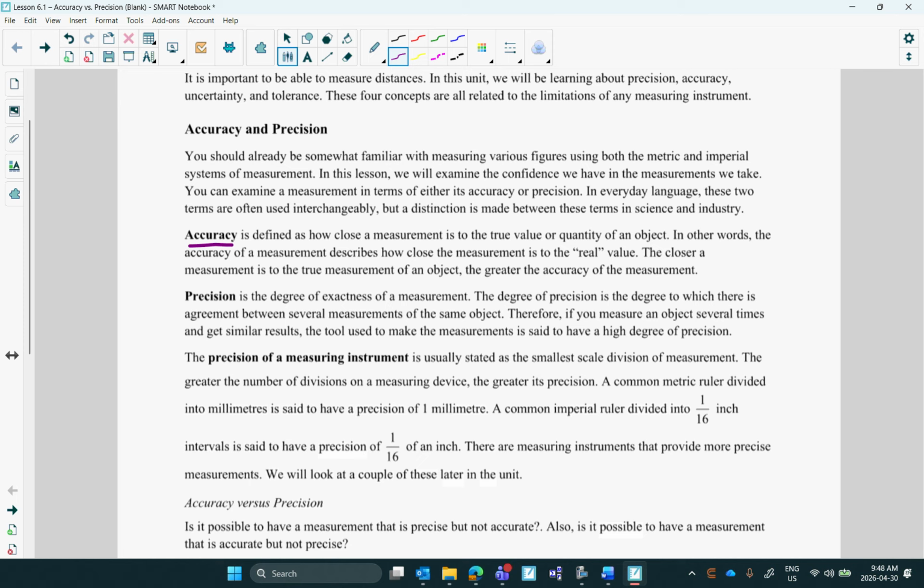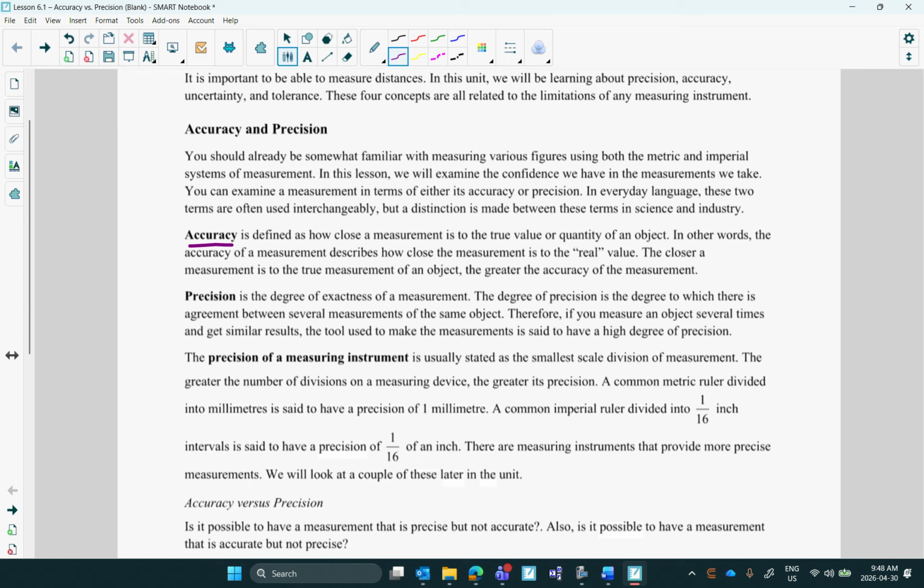Okay? So if you've got an object that you're measuring the length of, obviously you have to use some kind of instrument, a ruler, to measure it. Accuracy means how close is your measurement that you use the ruler with to the actual length of this.